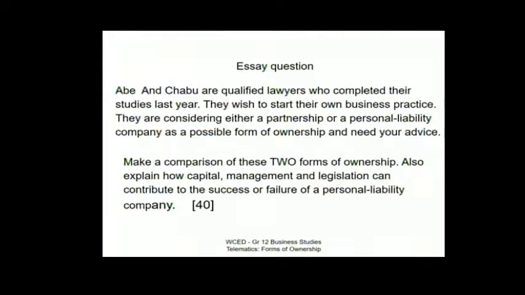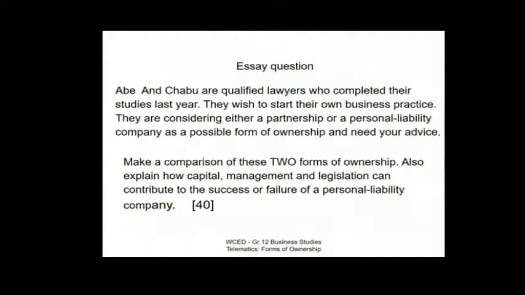But just that part already, learners, should give you an indication of what your introduction is going to be. From that information, these two have completed their studies, but they haven't started a business yet. So they are brand new entrepreneurs, and that must help you in formulating your introduction. Okay, Farnas, the next step.